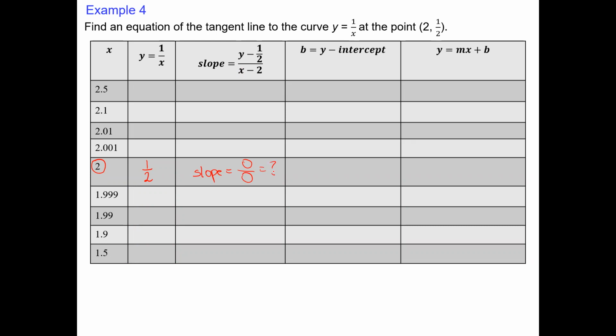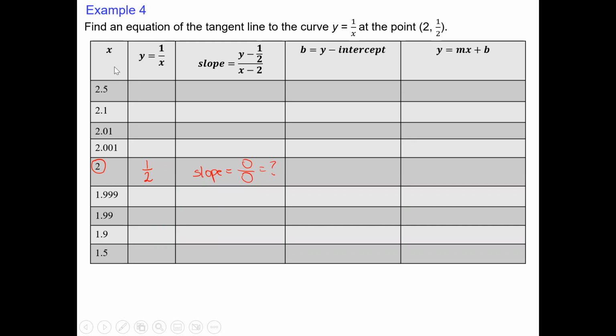But we learned that the slope of the tangent line is the limiting value of the slopes of the secant lines. I pick a couple of points on the right-hand side, greater than 2: 2.5, 2.1, 2.01, 2.001, making the interval smaller and smaller.